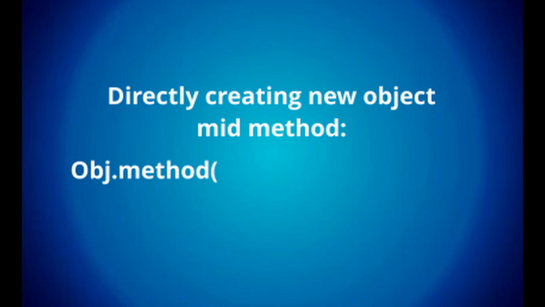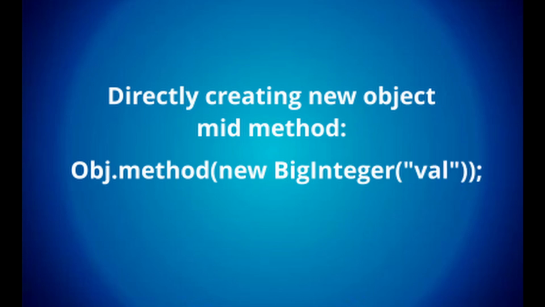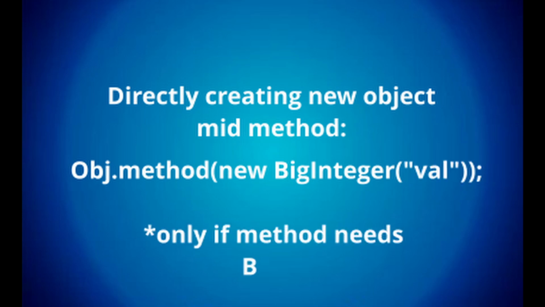So instead of assigning it at the top as BigInteger, then variable equals new BigInteger, you could directly put it into the method like this: object BigInt dot add, new BigInteger, and then inside we put the value that we want.